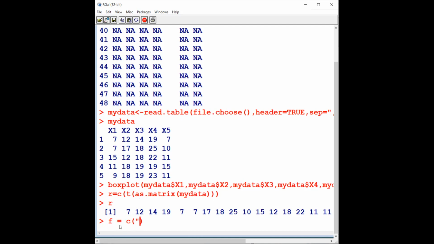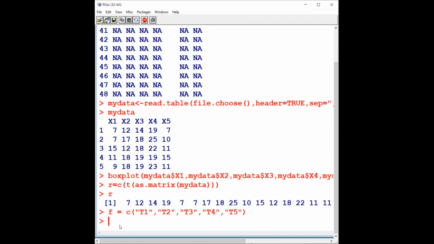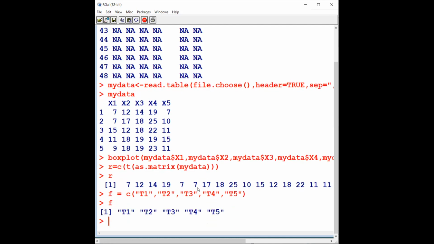Let's say treatment 1, treatment 2, treatment 3, treatment 4, and treatment 5. These are the names of my treatments.